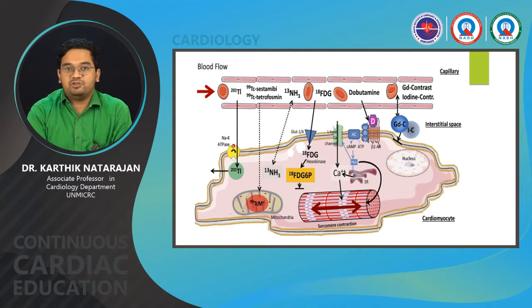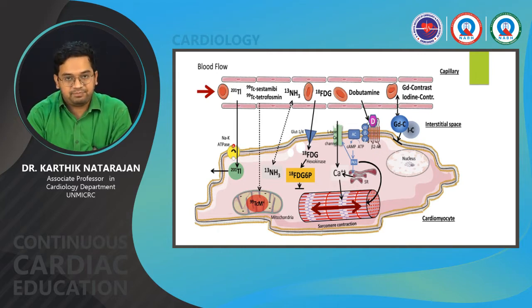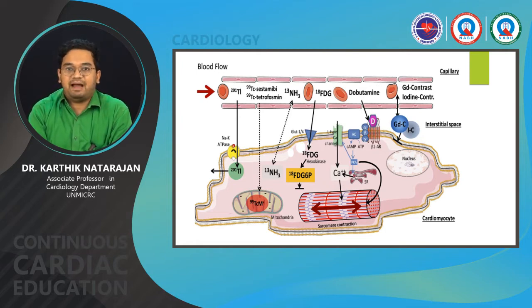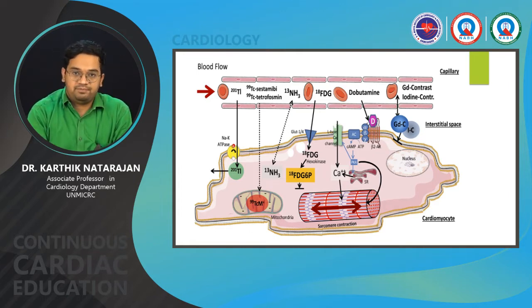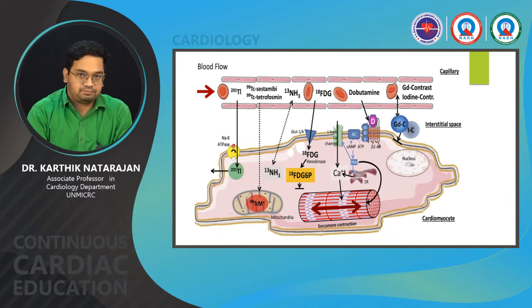Ammonia-13, which is used as a perfusion tracer in PET scan, can passively diffuse in and out of the cell. FDG-18, which is a metabolic tracer used in PET scan, is taken up actively by the GLUT1 and GLUT4 transporters into the cell, is converted into FDG-6-phosphate and remains inside the cell.